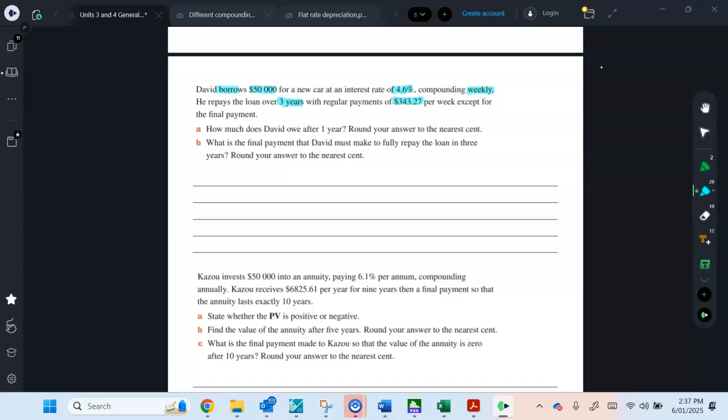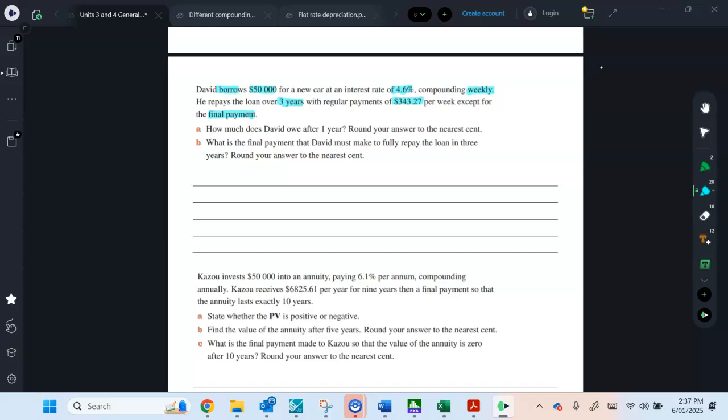But it would be the same as if you were to actually do it in real life. It wouldn't be as straightforward, except for the final payment. So just putting that in because they're not always going to be exactly $343.27.